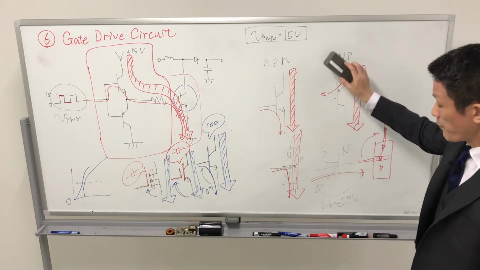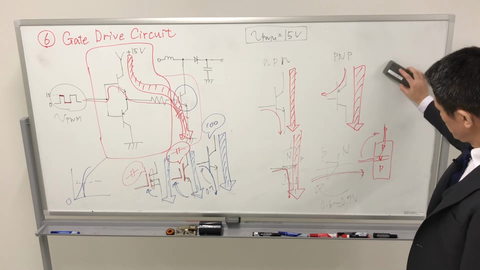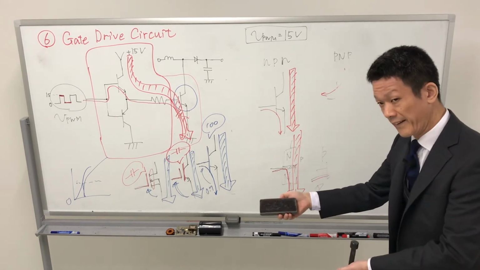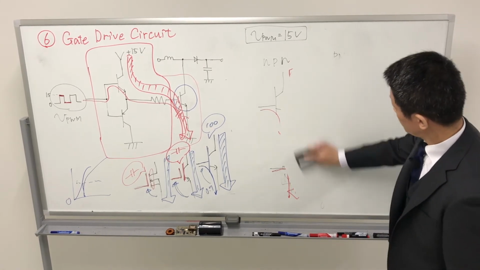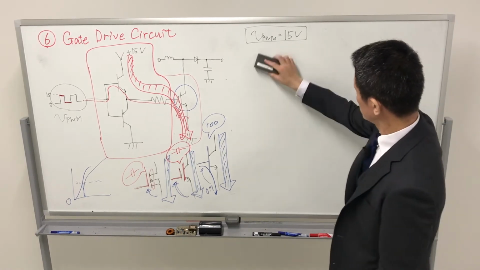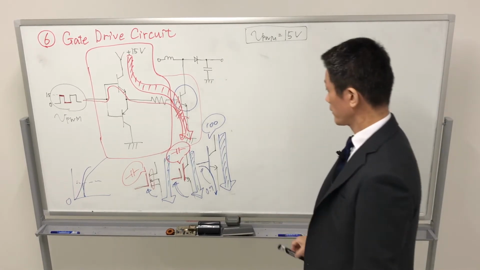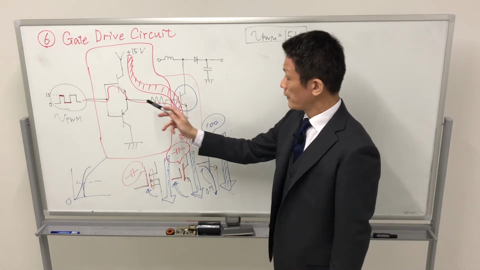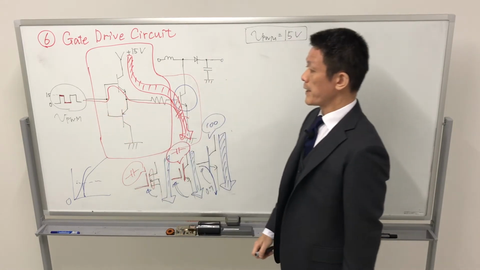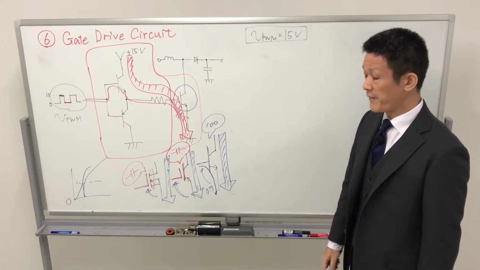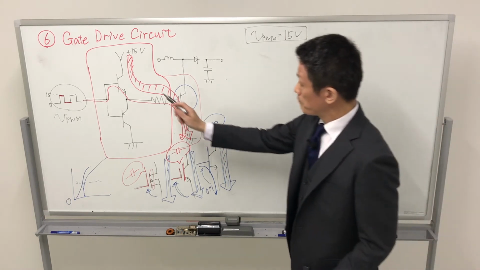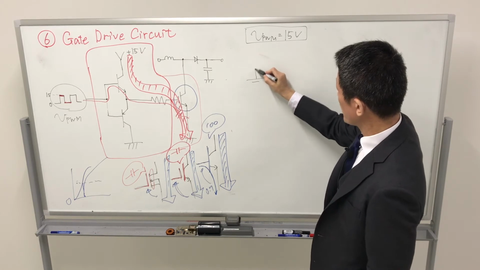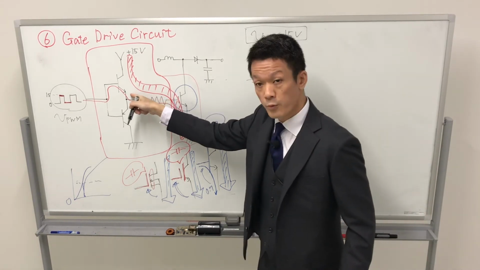Okay, we can remove here. Please go back to the movie. Let's consider the equivalent circuit when the input VPWM voltage is 15 volt. This gate line is the power source, and this one operates as the switch.